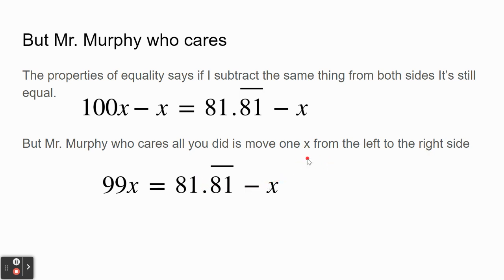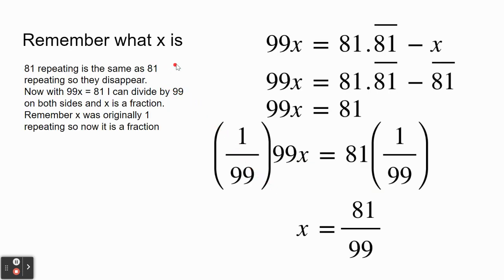Well, it doesn't look like I'm doing anything, but remember what x is. So x is 0.81 repeating. So just look at this right side. If I have 81.81 repeating minus 0.81 repeating, that cancels out. So this stuff on the right is gone, and I have 99x equals 81.